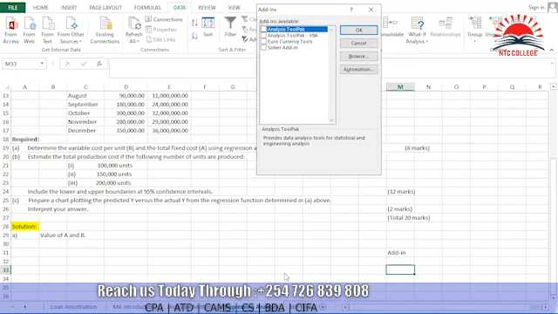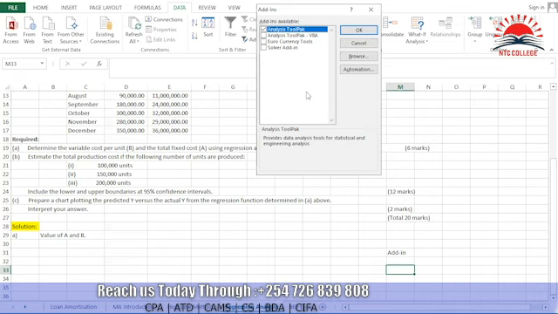The first one is what we are looking for, the analysis tool pack. And what you'll do is to check it. Do you know how to check such an add-in? You click the box before it, and there is now a tick in that box.